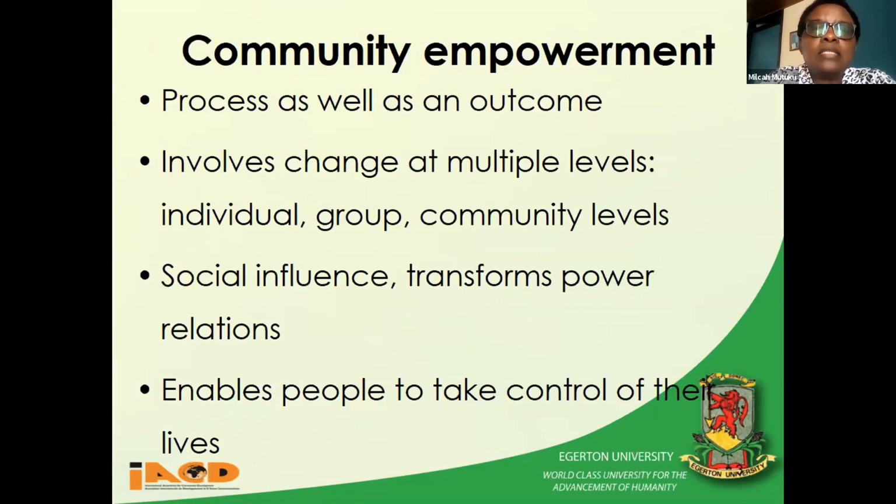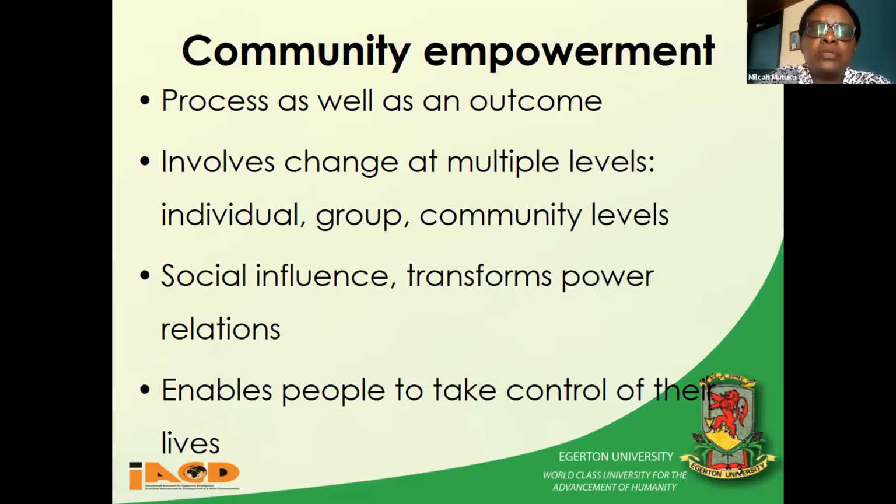As we talk about community empowerment, today we'll be looking at it as a process as well as an outcome. This kind of concept applies to individuals, to groups and communities. Therefore, much as I'll be talking about individuals and families, whatever I'll be talking about will apply to groups and also at community level.